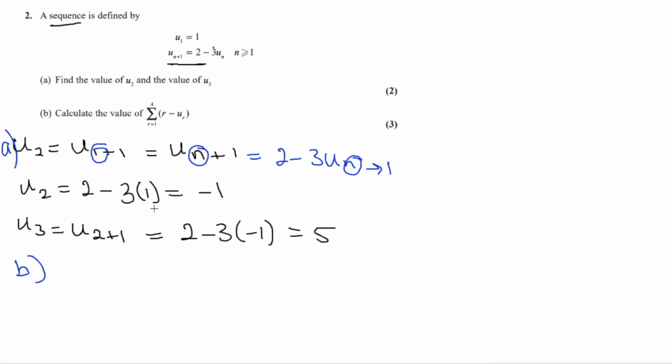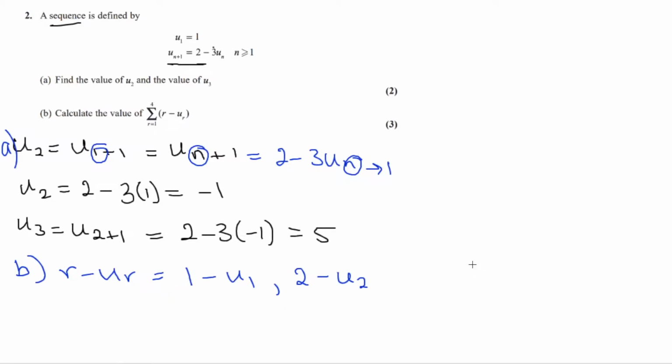Because we're saying r minus Ur, we can write this as, if we're writing 1 in place of r, that would be 1 minus U1. If we're writing, for example, 2 in place of r, it would be 2 minus U2. So that's how it goes on. And the values of r go from 1 to 4. So we have to start from 1 all the way through to 4.